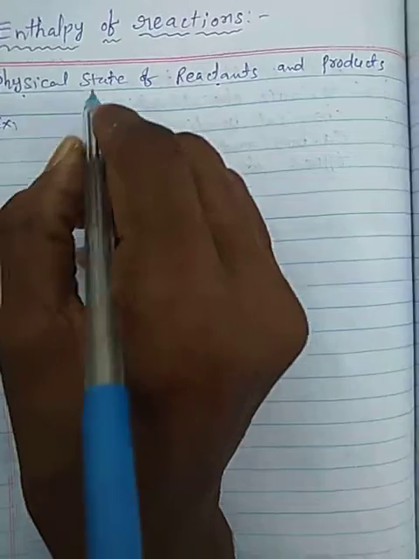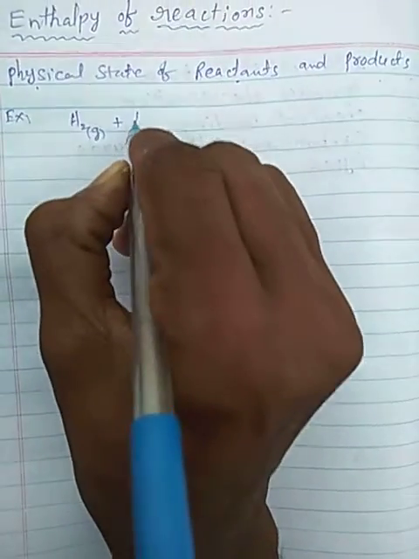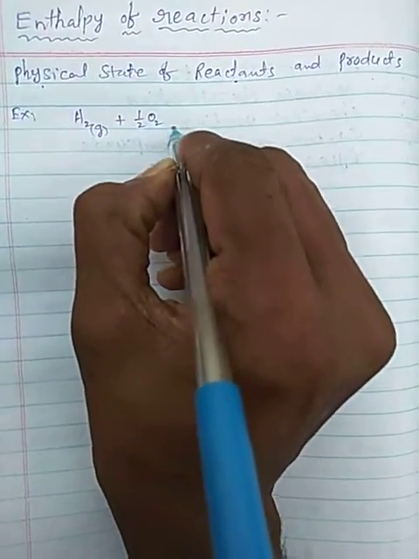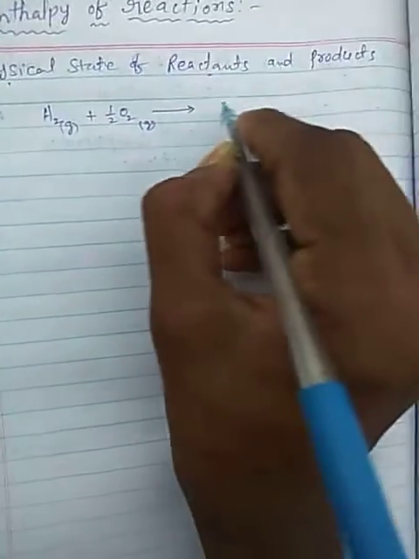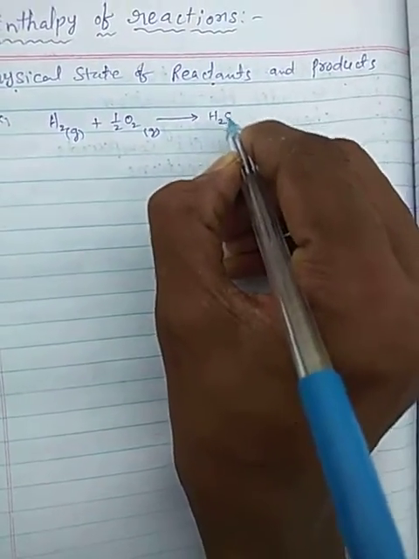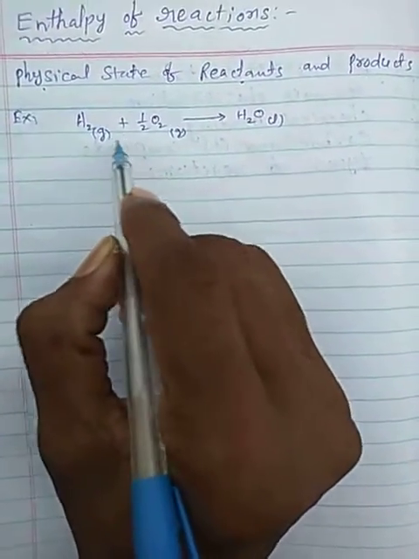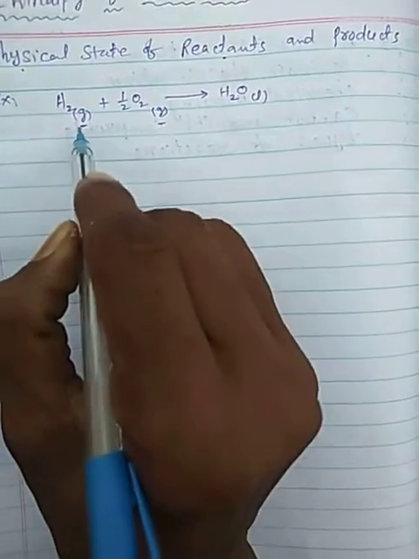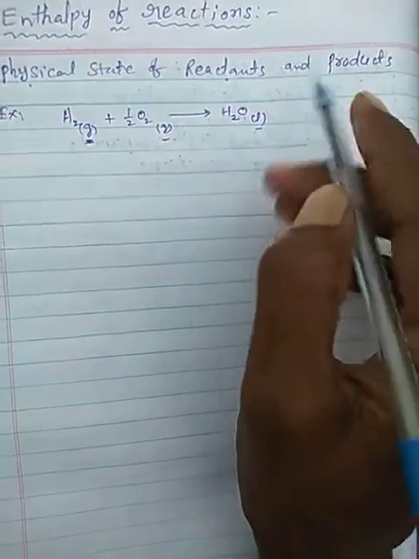Now I'm going to write one example: H2 gas plus 1/2 O2 gas to form H2O liquid. Here the physical state of the reactant is gas, but the physical state of the product is liquid.